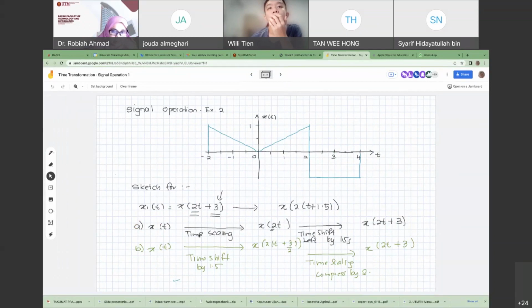The green one, first it says we scale. So since this one is X(2t), meaning that everything will be compressed, because its value is 2t. So I do it above here. So this one will be black. If I compress, it means here everything will be reduced to half of it.